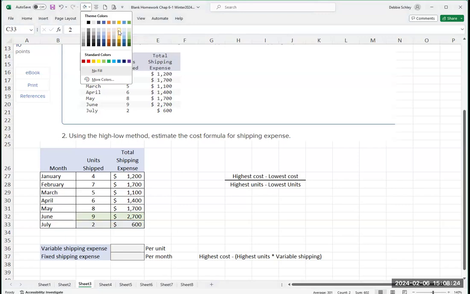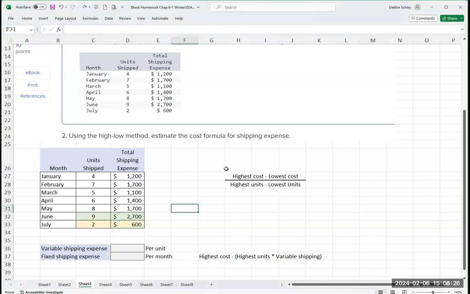That's definitely the low. Okay, so I'm going to take equals my highest cost minus my lowest cost.